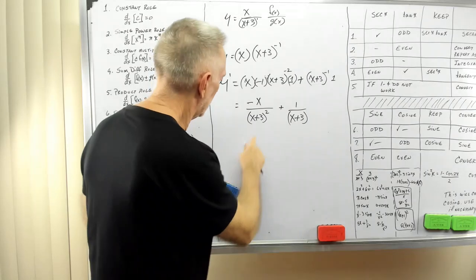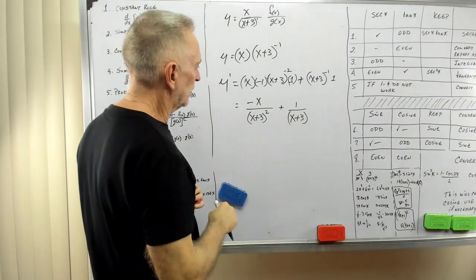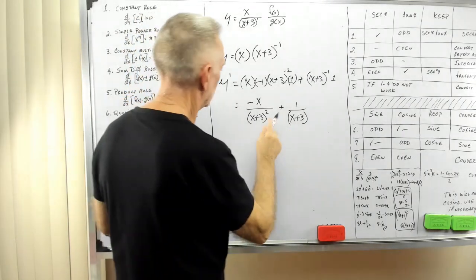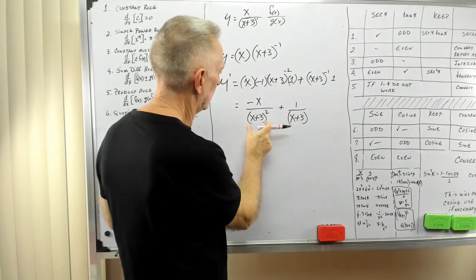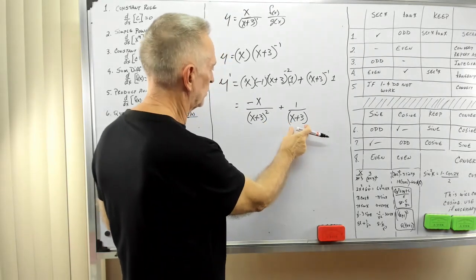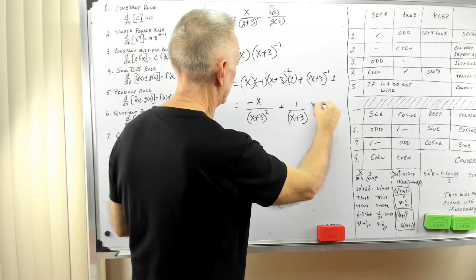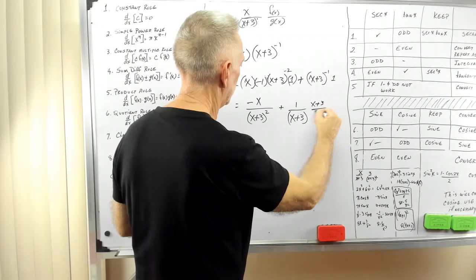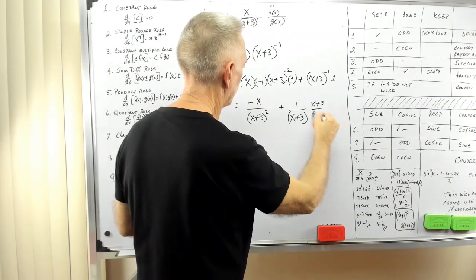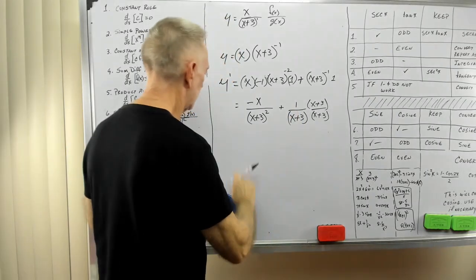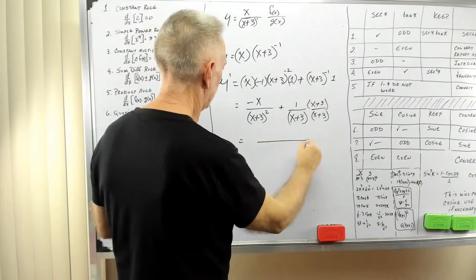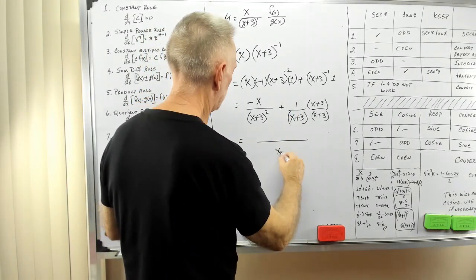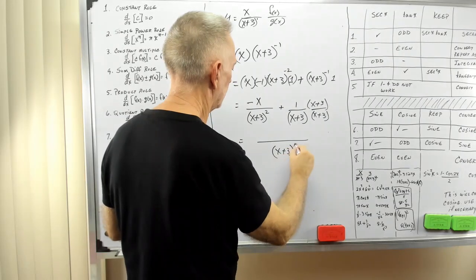Well, I need to be able to add these together. So I need to multiply. I have one of the x plus 3's here, but I need 2 of them. So I need to multiply this by x plus 3 over x plus 3. Okay. So now I have a common denominator of x plus 3 squared.